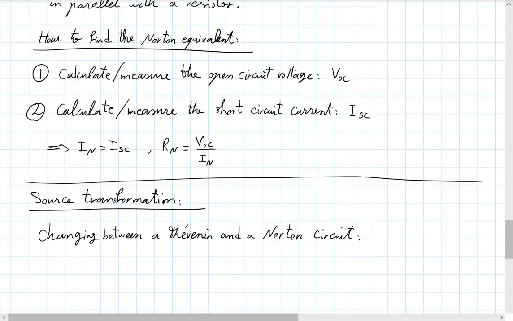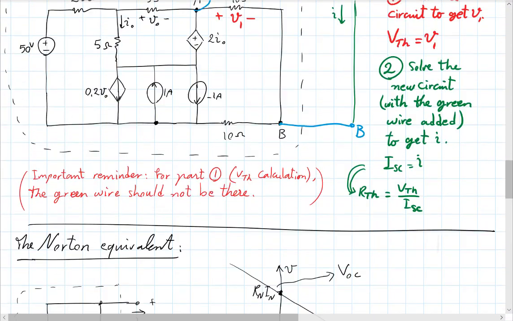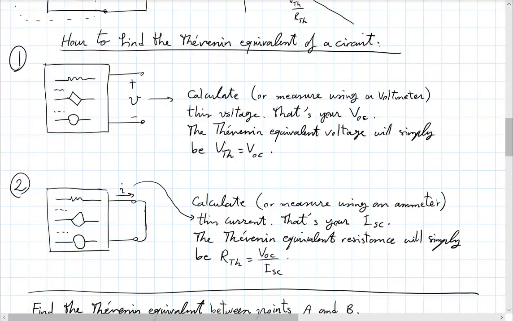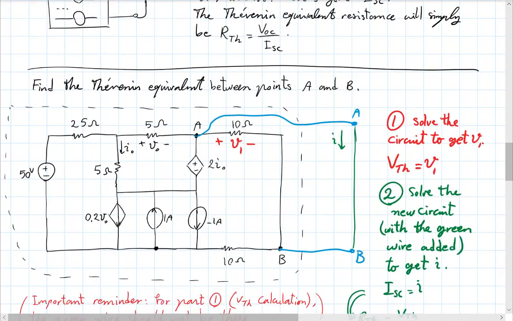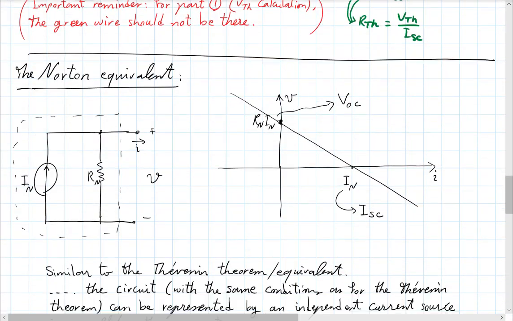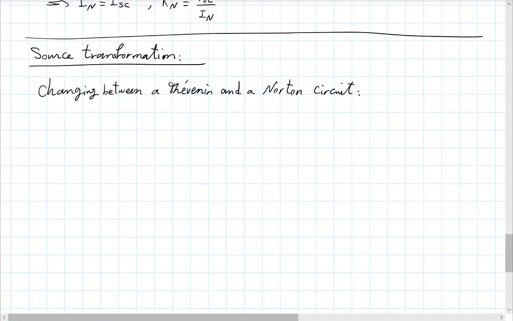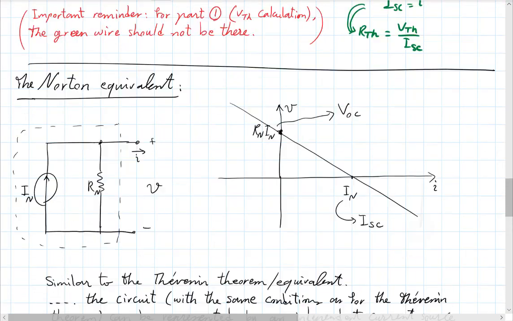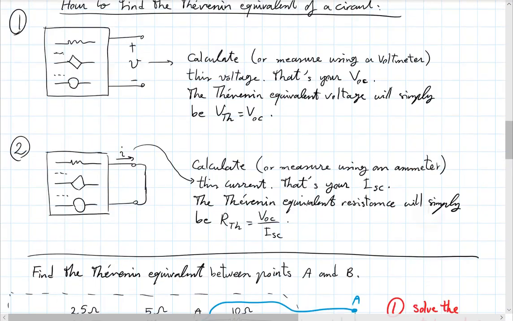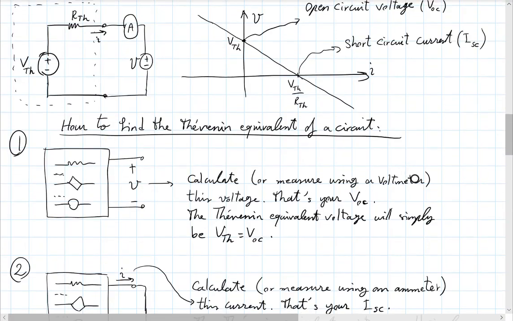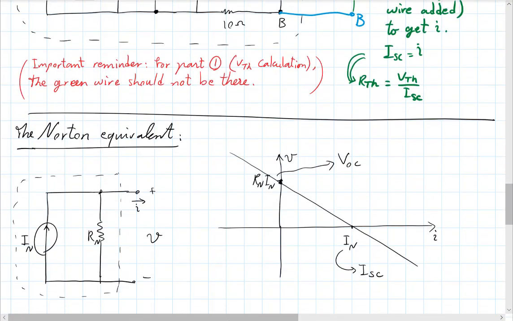And this is all you need to recall: V Thevenin is equal to RN times IN. So VTH is RN times IN. And VTH divided by RTH is IN.